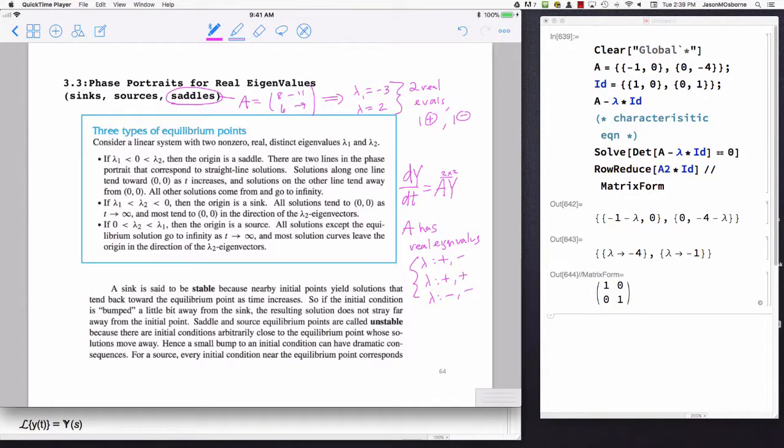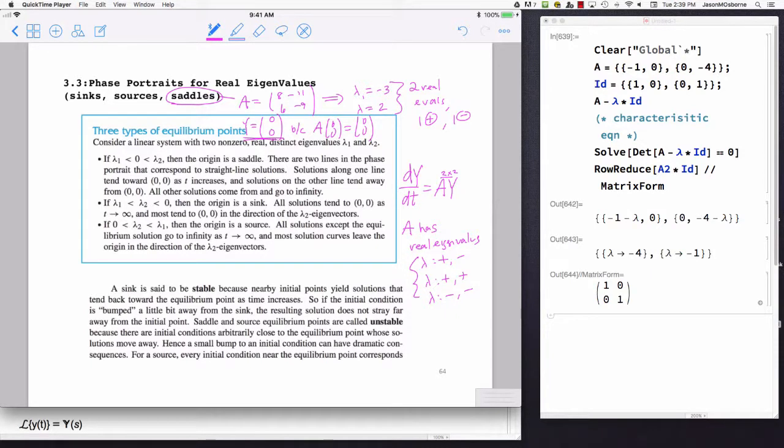So this is what the textbook is trying to point out at this point, that there are three kinds of equilibrium points. The equilibrium point here is (0, 0), always, y = (0, 0), because A times (0, 0) is equal to (0, 0). So (0, 0) is an equilibrium solution.